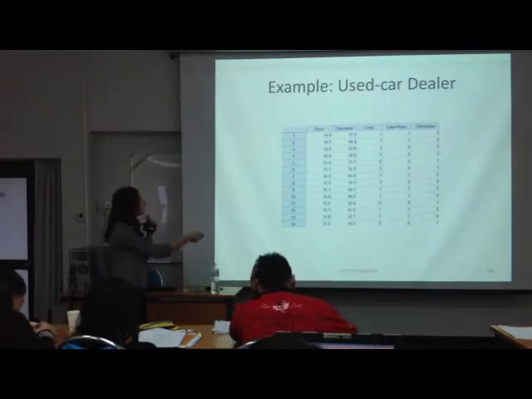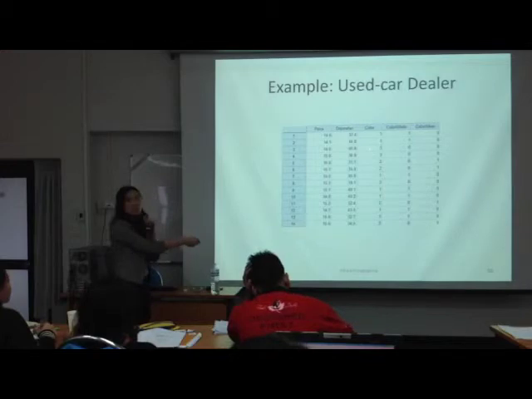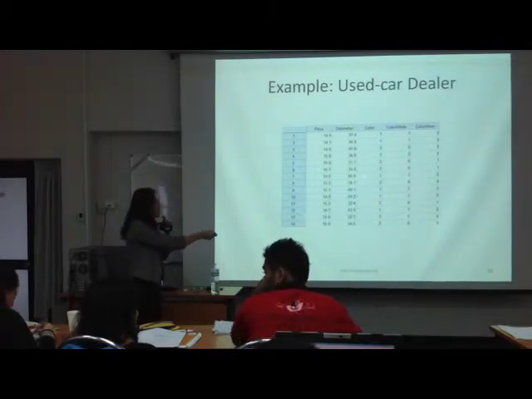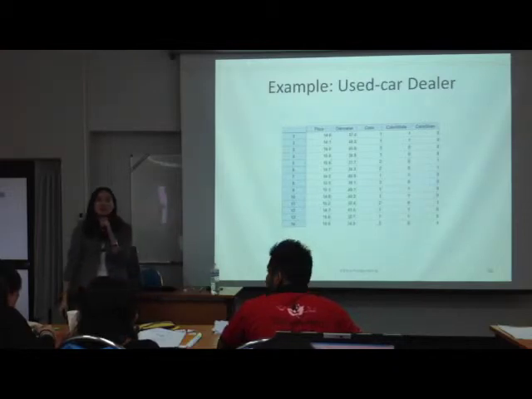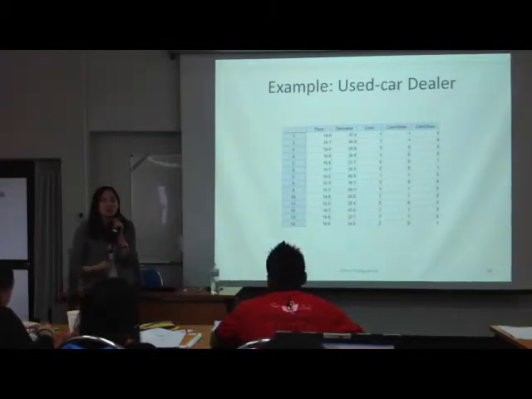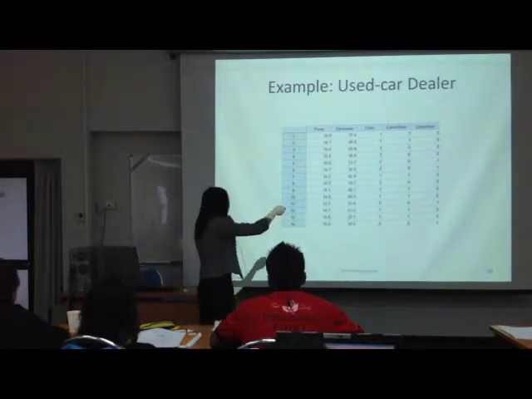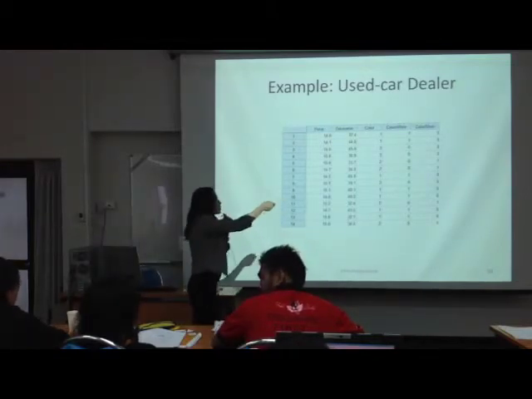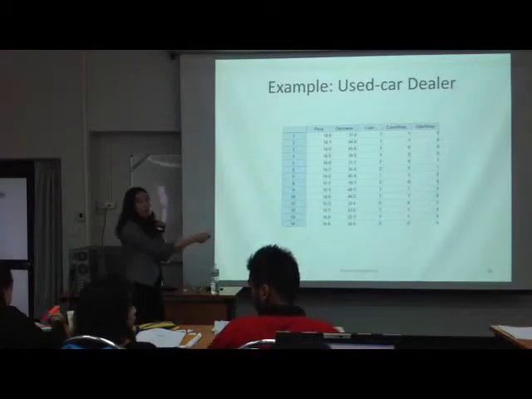You can see that the color is 1, 2, 3. But you cannot put color into the regression model directly. Otherwise, it will treat color as just a quantitative variable. That's why you need to transform. You create 2 more dummy variables.